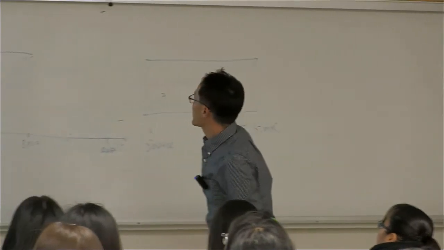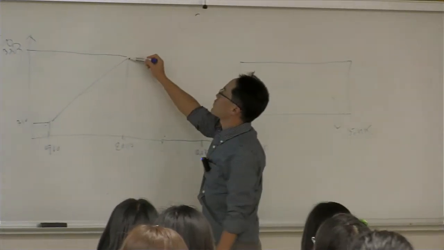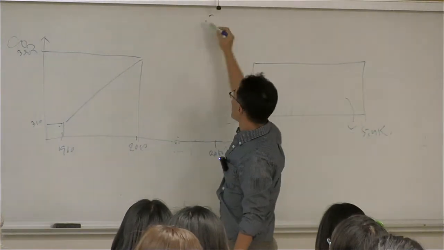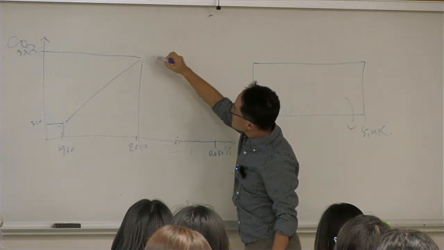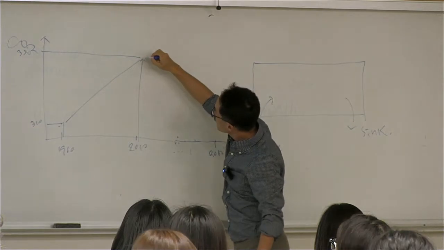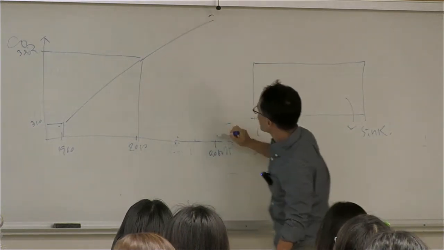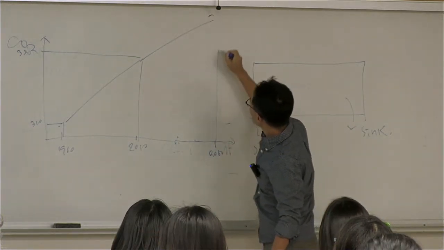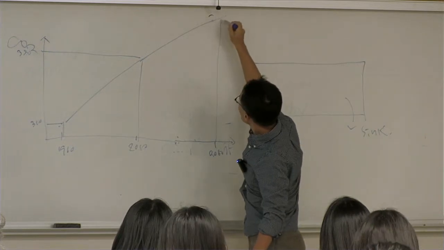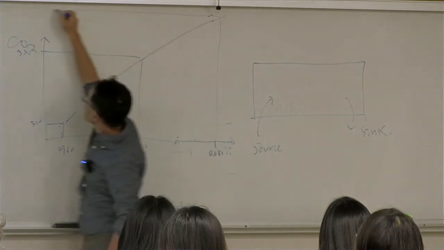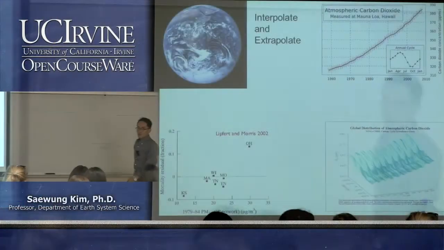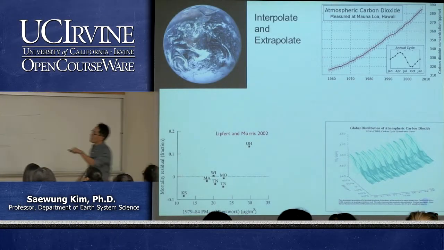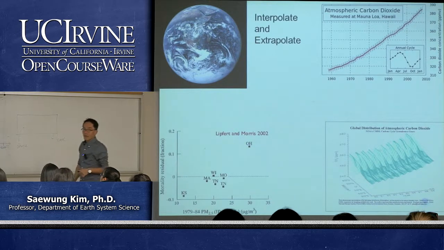Then what we call extrapolate is that you basically extend this trend line all the way out here. Then you can predict what the CO2 concentration is going to be in 2060, right? Like this. So we call this extrapolate.